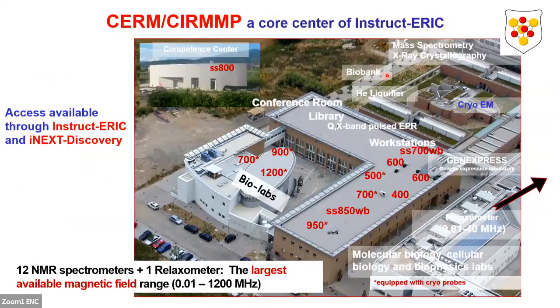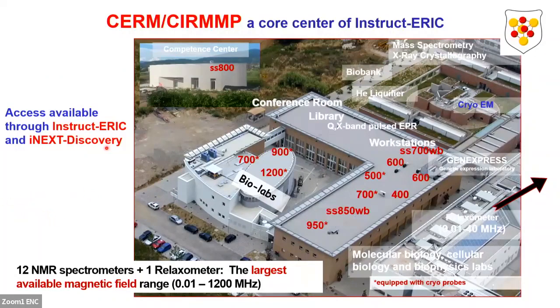And with this, I finish what I have time to say, because I would have loved to say many other things, just to show the CERM Center, which is a core center of the Instruct-ERIC European infrastructure, and access is available to users, also from overseas, not only European users. And access is partially covered.